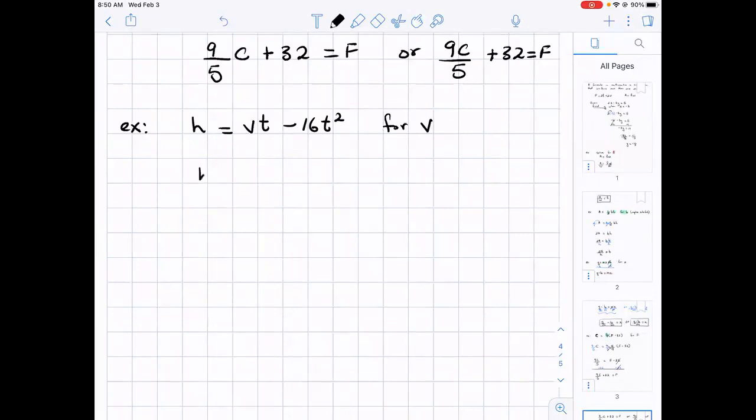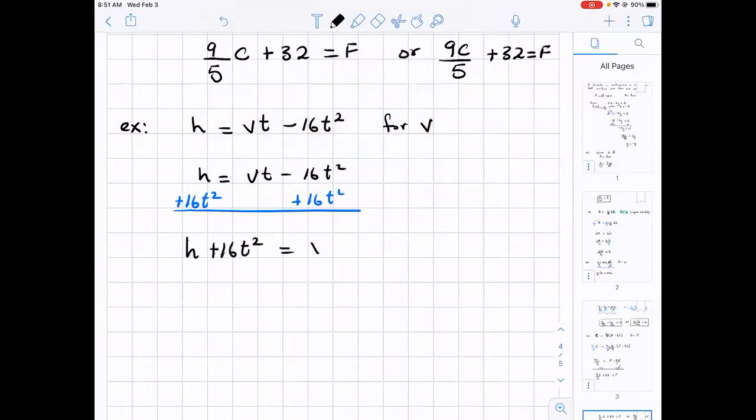So we have h is equal to vt minus 16t squared. I am going to add 16t squared to both sides. And if I do that, we now have h plus 16t squared is equal to vt.